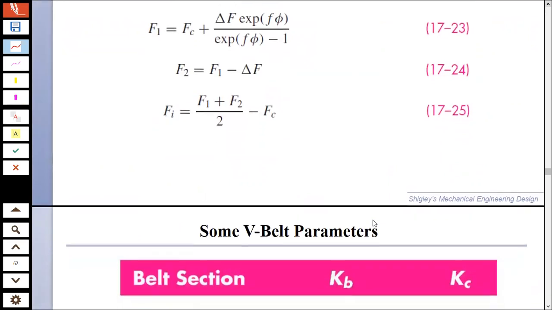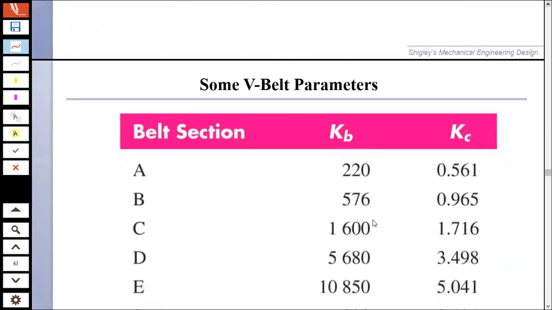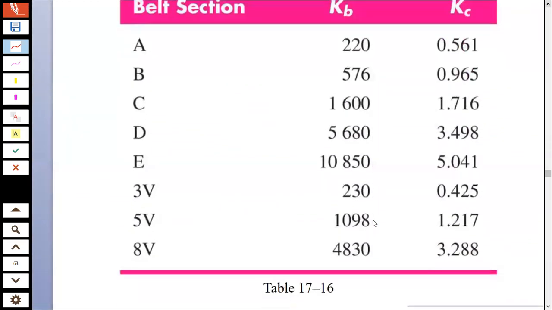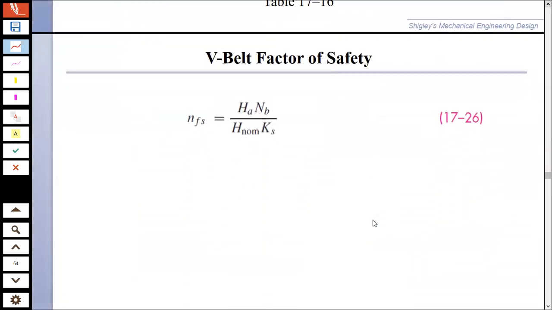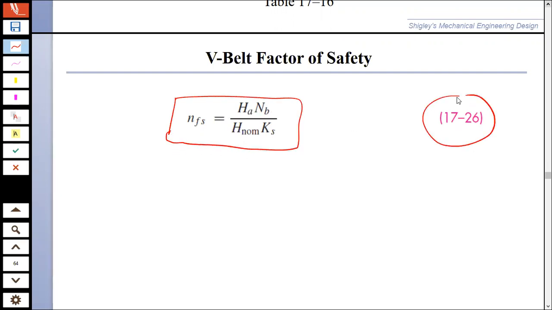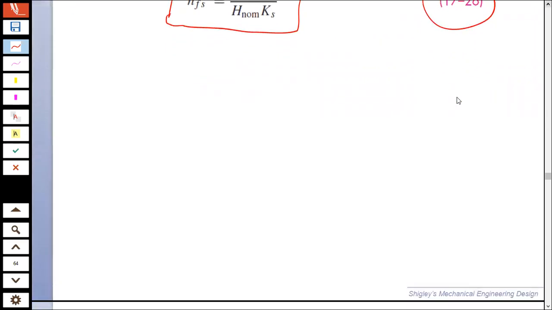You can calculate those using these equations. Factor of safety, just because you have the number of belts over here, if that is 1, then you don't need this. It will still be the same equation for the flat belts. But if you have the number of belts, then your NFS is equal to this, which is equation 17-26. Okay.